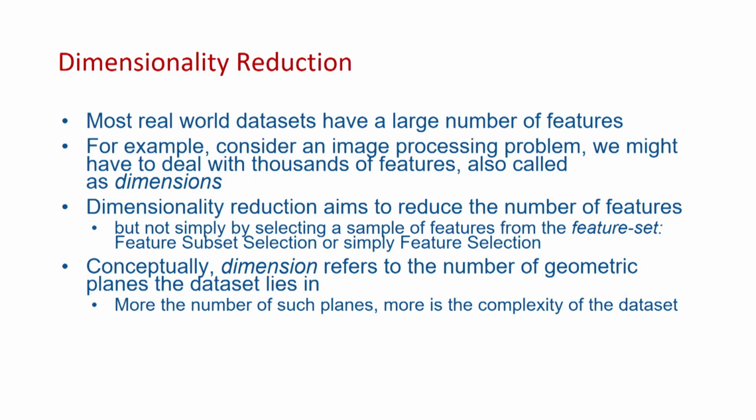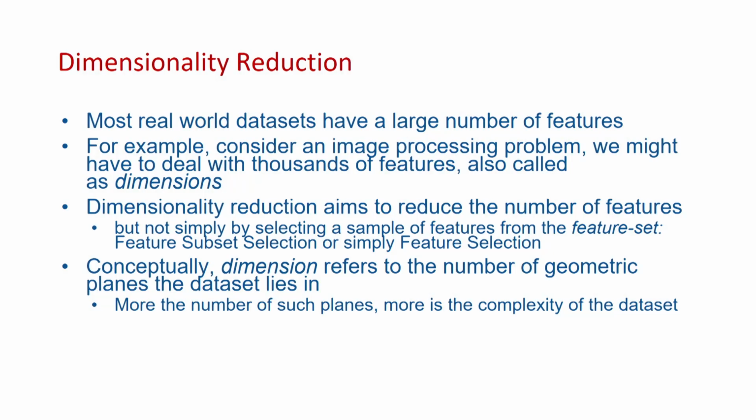There are different types of dimensionality reduction techniques. A few of them directly select a few important features that are relevant to the problem and leave the rest of the features that are irrelevant to the problem. That is called feature subset selection or feature selection.